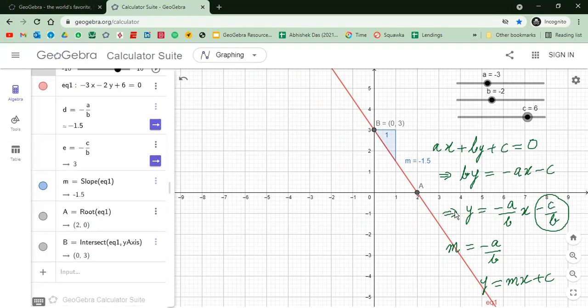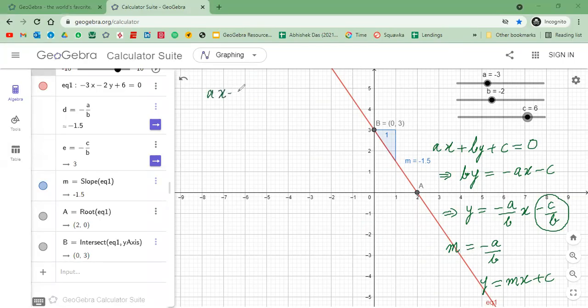You can rearrange it to the slope-intercept form and figure out the slope and y-intercept, or you can use a thumb rule. If the general form is given as ax plus by plus c equal to 0, you can directly say that the slope is equal to negative of the coefficient of x divided by the coefficient of y.